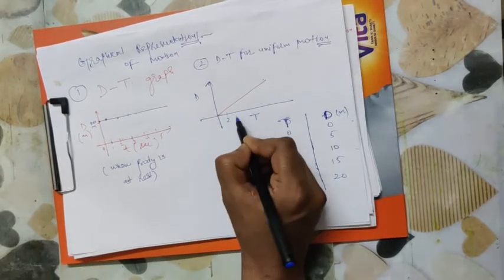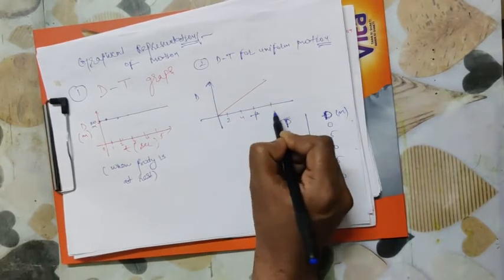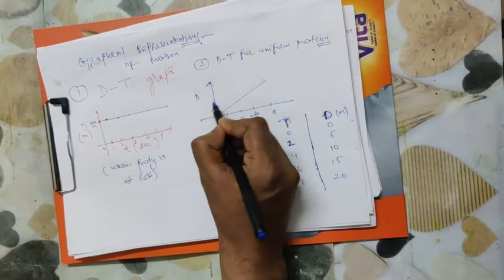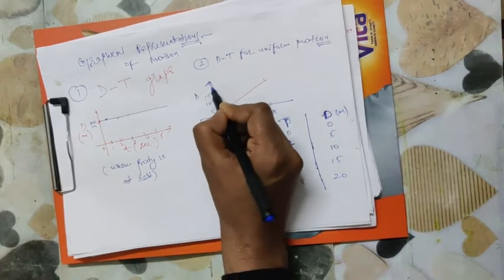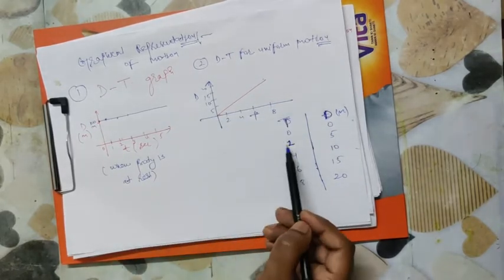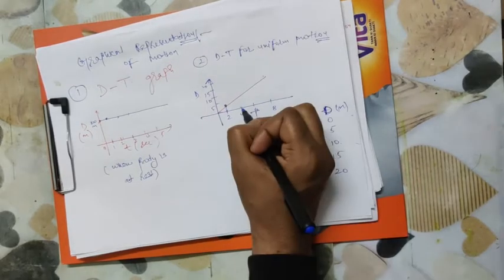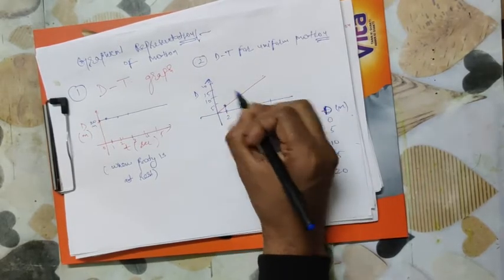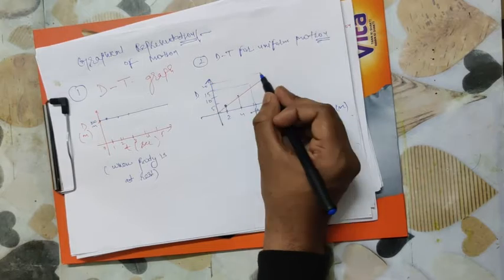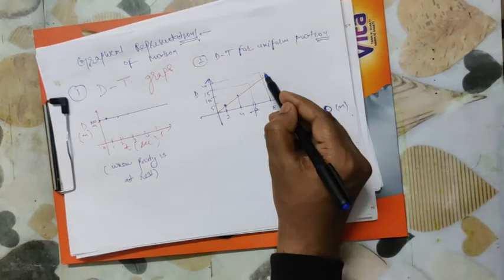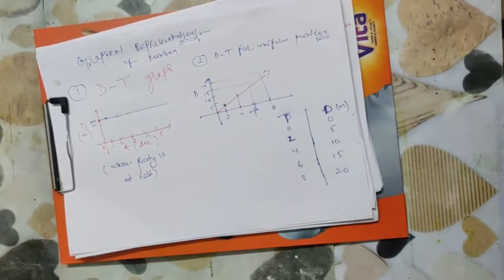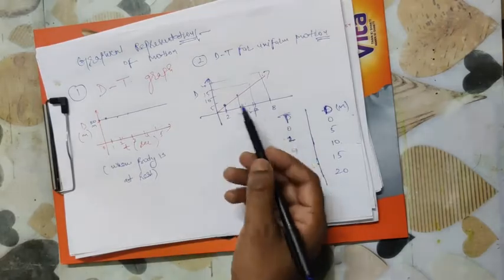If I put the values 2, 4, 6, 8 against 5, 10, 15 and 20, it is uniformly increasing with respect to time. So it is called the distance time graph for uniform motion.